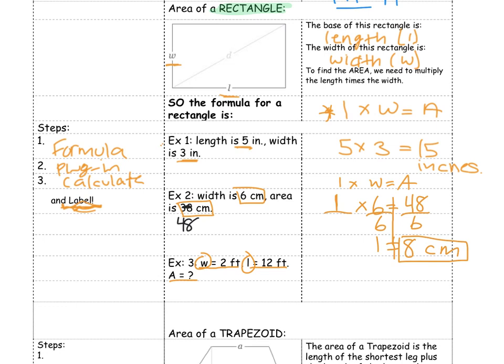We know that the width is 2 feet, and we know that the length is 12 feet, and we're looking for the area. So 12 times 2 is 24. And then we need that label, 24 feet.